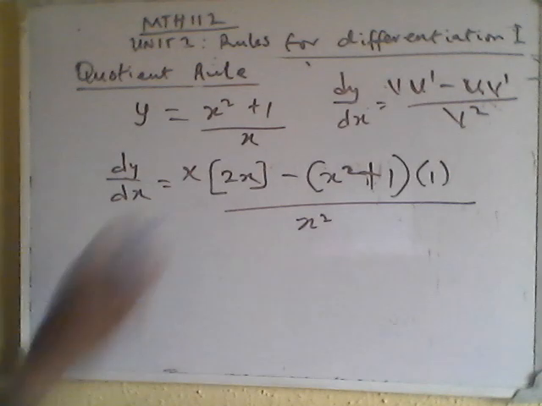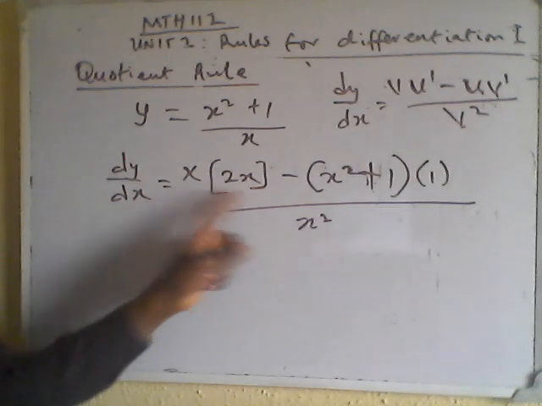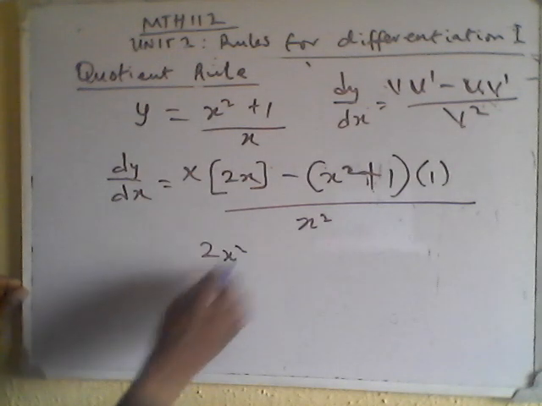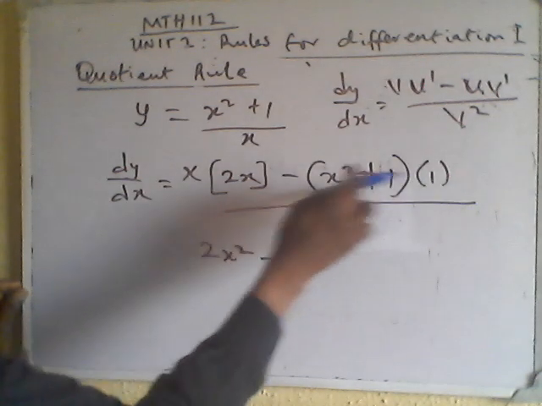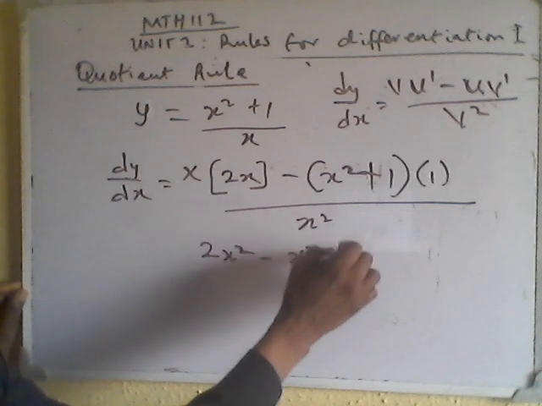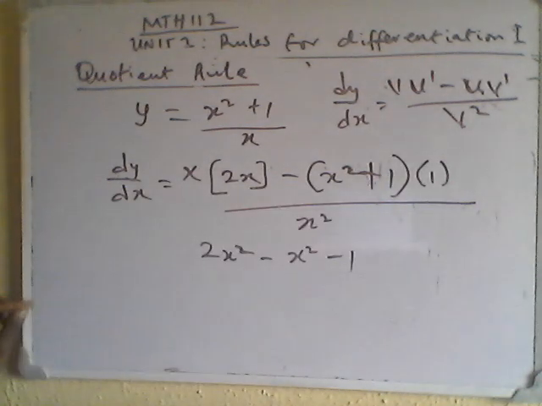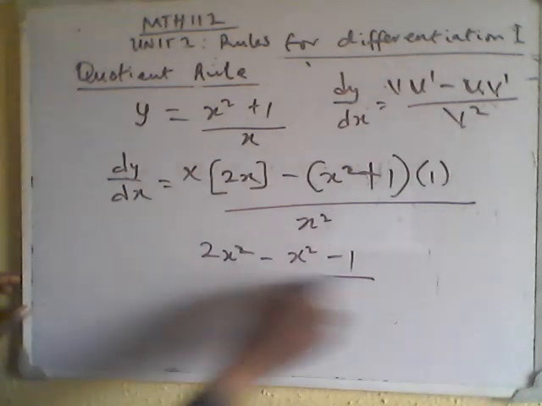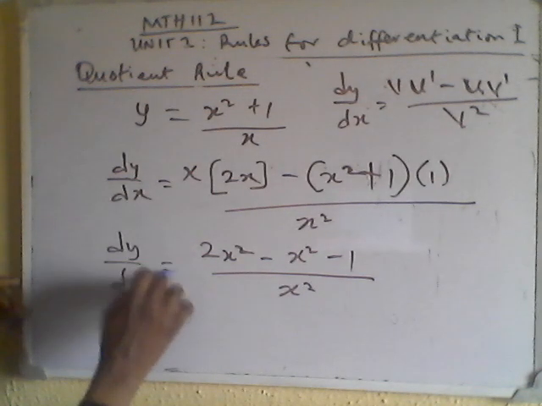Okay, so at this point I'll just simplify the expression. Apply the expression. This times this is same thing as 2x squared, right? Minus, then this times this is x squared plus 1. You understand? This minus has turned this one to be minus at the same time. Okay, over x squared. That's dy dx. All right.